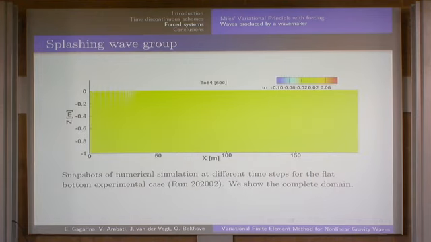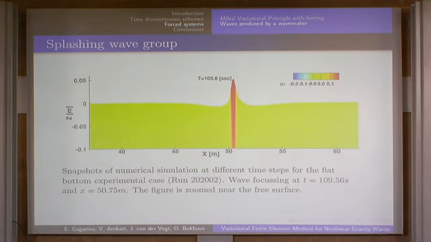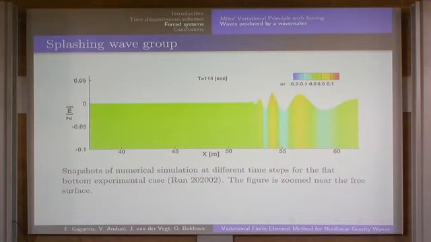So you see here the short waves are assembling, the long waves are coming. Zooming near the free surface, you see that a huge splash occurs. This splash is somehow 5 times larger than the incoming wave height near the wave maker itself. Then it doesn't break, it just smoothes out, goes back.